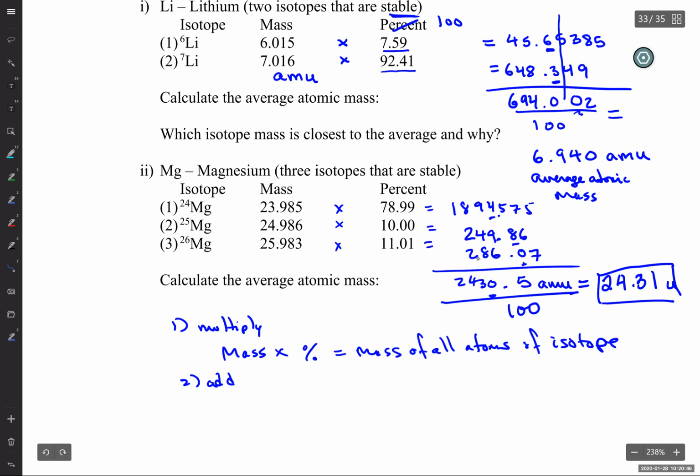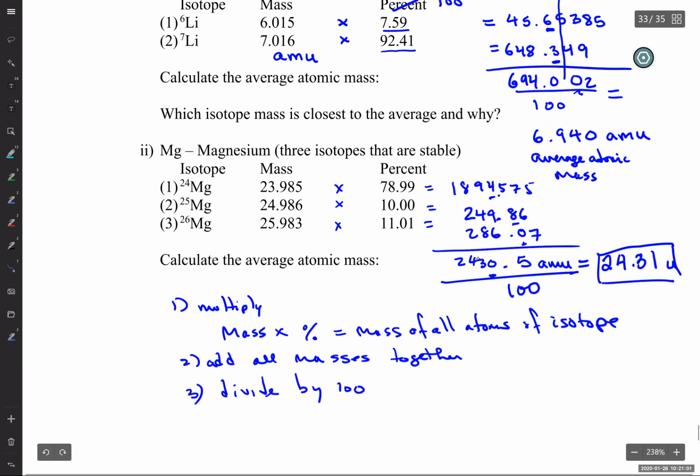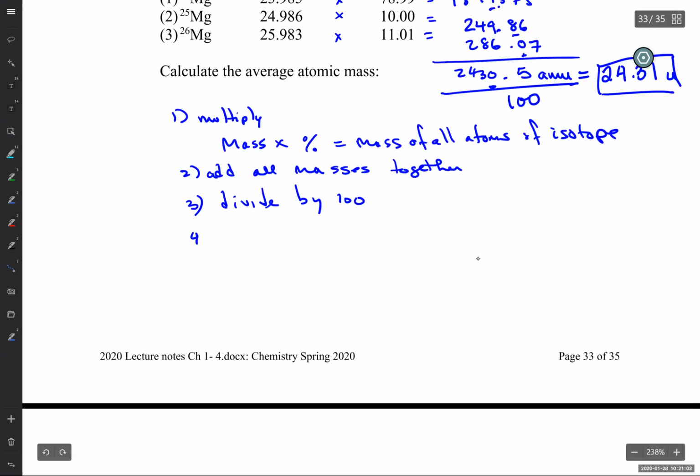Add all the masses together. Divide by 100. And then lastly, check sig figs.